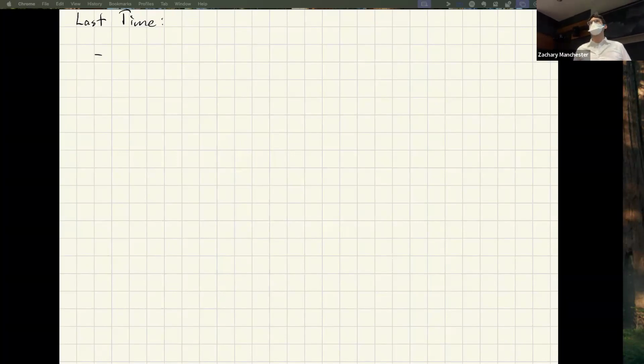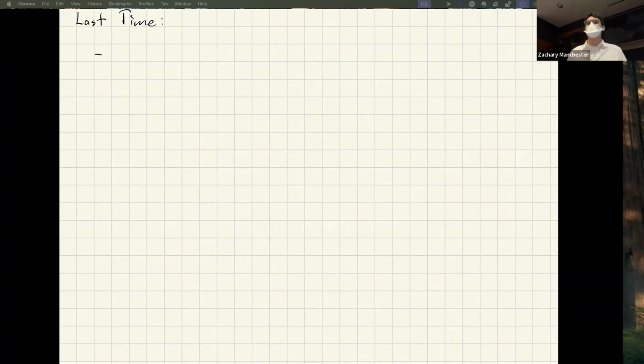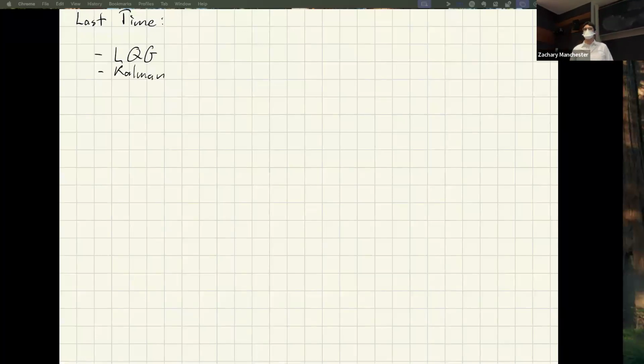Anybody else? Okay, cool. So that stuff is interesting. The duality between state estimation and control is a cool thing that I've gotten a lot of mileage out of, and it's worth knowing about and thinking about. That was kind of last time, LQG, finishing up Kalman filter stuff, and a little bit of that duality conversation, which you just had, right?